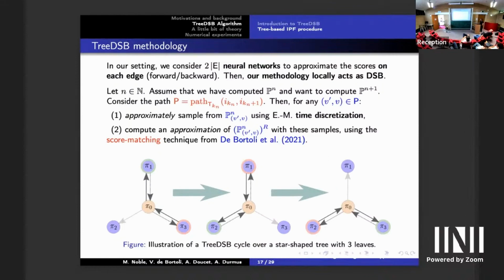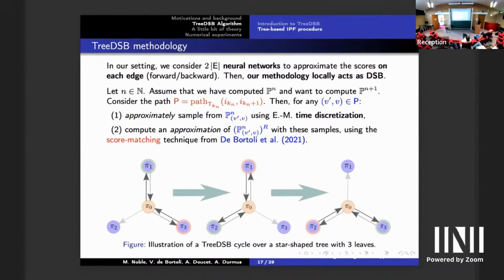So for example, if I consider a really simple setting, a star-shaped setting, what I have is this marginal that I don't know. I don't have any constraint there, but I have constraints on this, this, and this. Okay, so let's say I start with pi 3. This is my first constraint. And I have my second constraint, which is pi 1. Assume that I have propagated some Brownian motion starting from here.